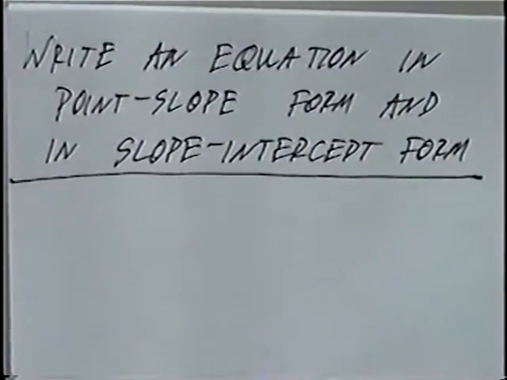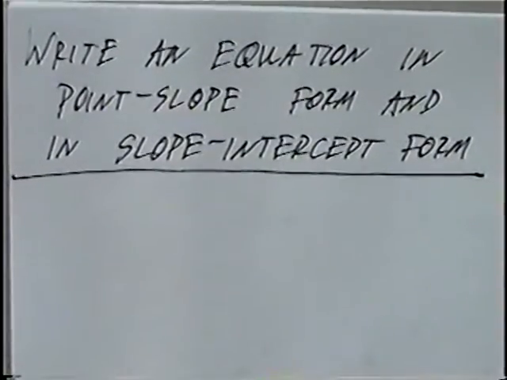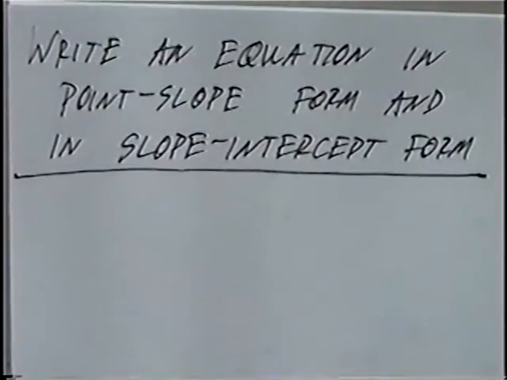In this section, we'll take an equation and write the equation in point slope form, and also write the equation in slope intercept form.